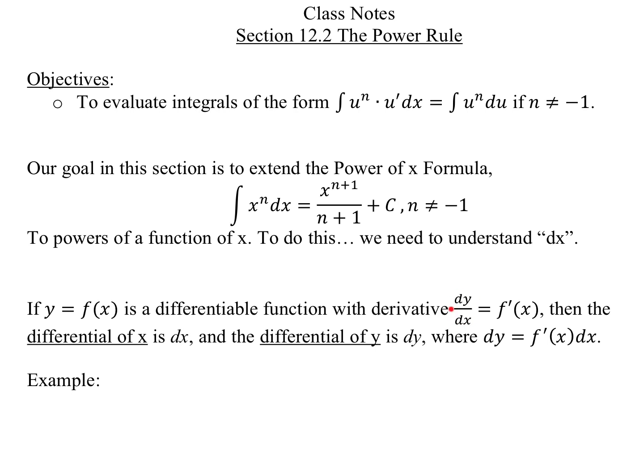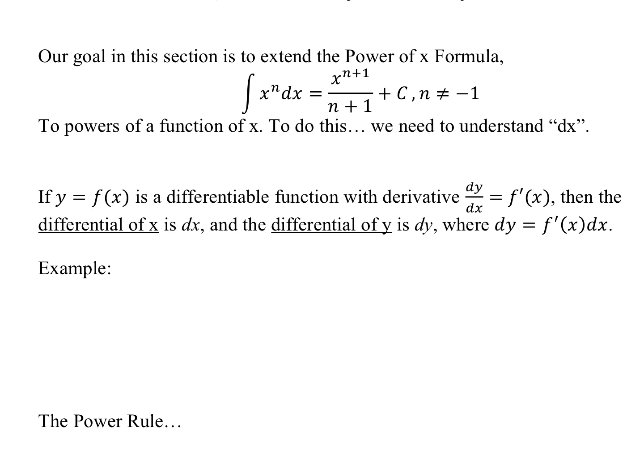So when you see dy dx, that would be the same thing as the first derivative. This is something that you are actually able to break apart, thinking about it as dy divided by dx, and that's going to be useful in the next type of thing that we're going to do. But before I show you how it's going to be useful, let's get a little bit of practice computing a differential.